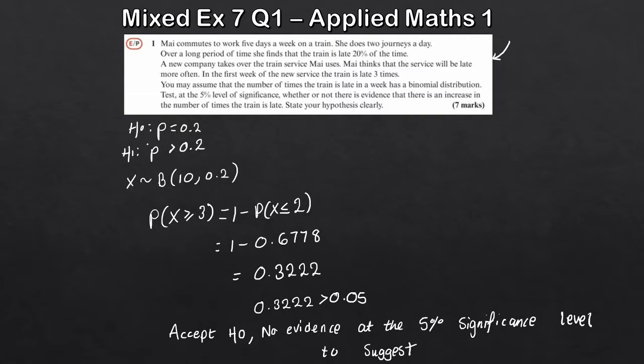We're testing whether the probability of the train being late is basically the same, 0.2, or whether it's late more often, larger than 0.2. Well, if we're accepting H0, we're saying that there's not really any change in the probability. So in this case, there's no evidence that the trains are late more often.